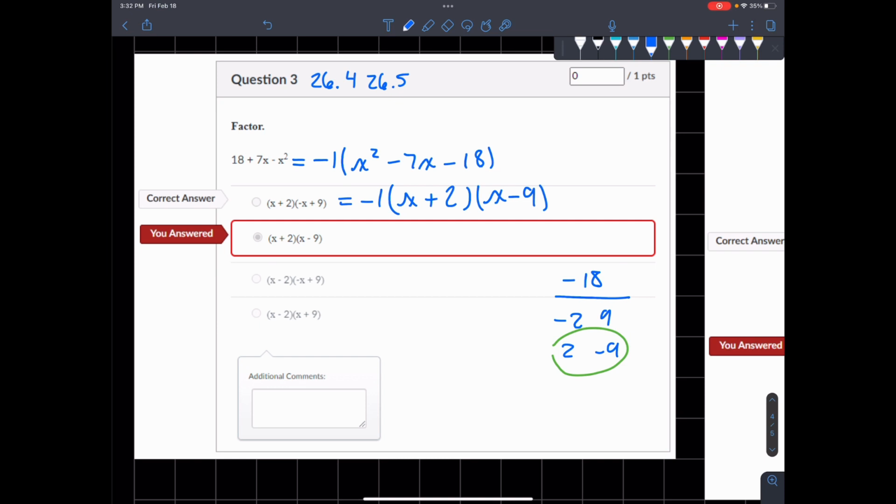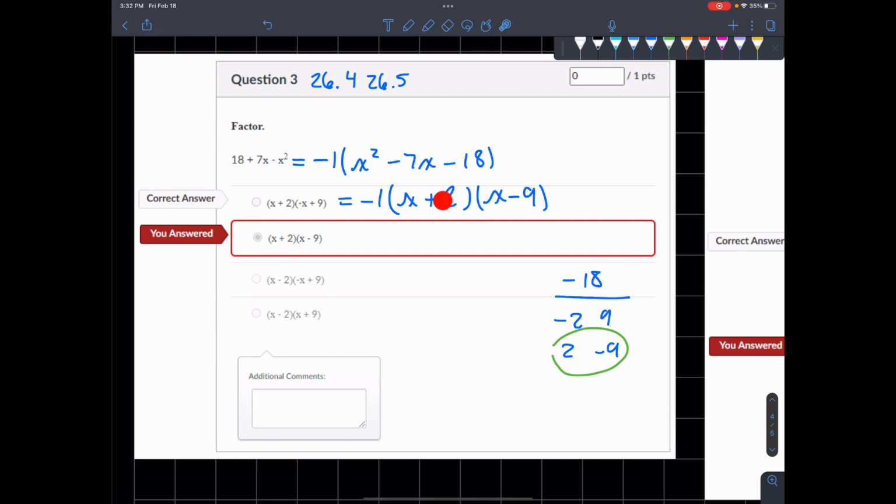Looking at the answers here, our answer doesn't really look like any of them because it has the negative sign out front. So what we can do is bring it into the factors. We probably shouldn't bring the negative 1 into the x plus 2, because in these first two answers we've got x plus 2, so that would mess it up.